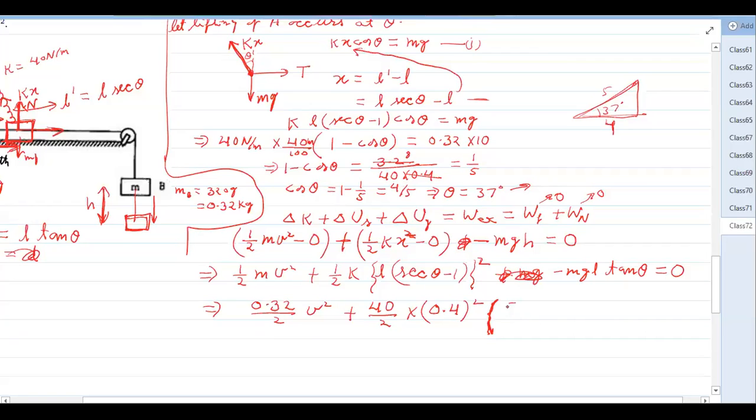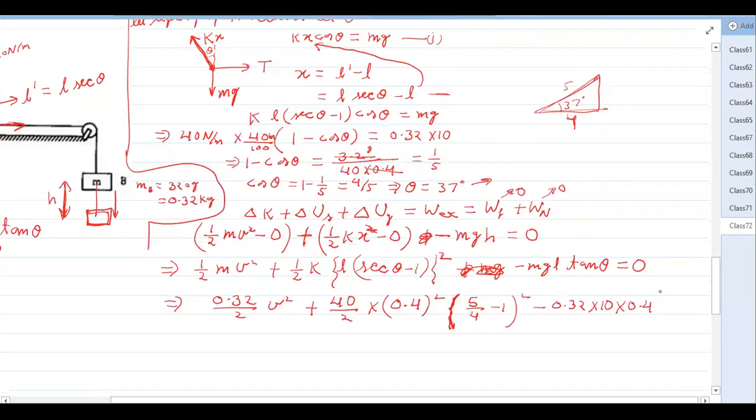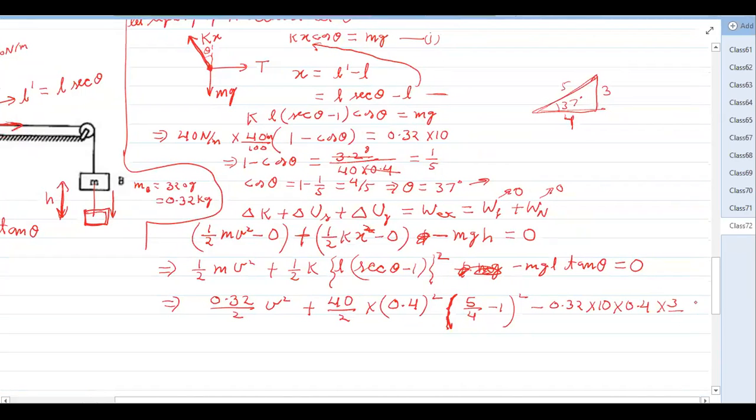Then mgL: 0.32 into g is 10, L is 40 centimeters so 0.4, and tan 37 is 3 by 4. So we put in the numerical values and solve further. So 0.16 v square, and then 20 into 0.4 into 0.4 into 1 by 4 squared.